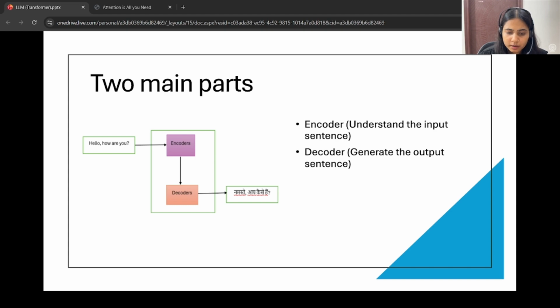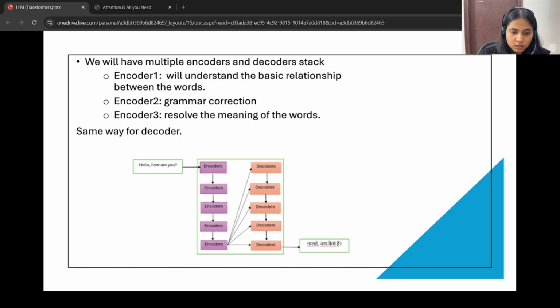We'll learn one by one what these encoders and decoders are. Encoders understand the input sentences, whatever input we provided. The decoder generates the output from those sentences. We'll go through the encoder and decoder in depth now.